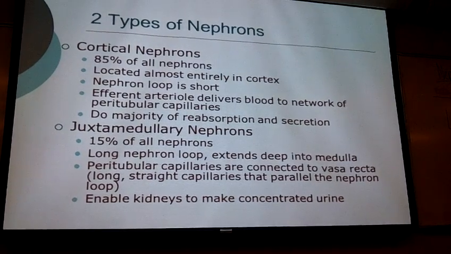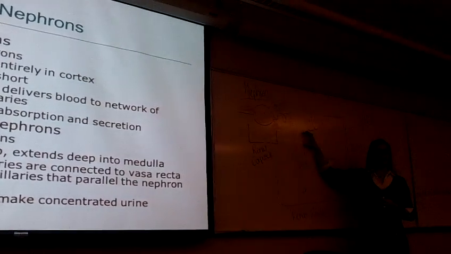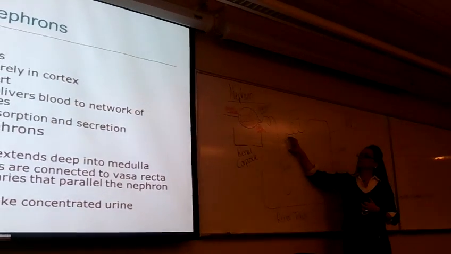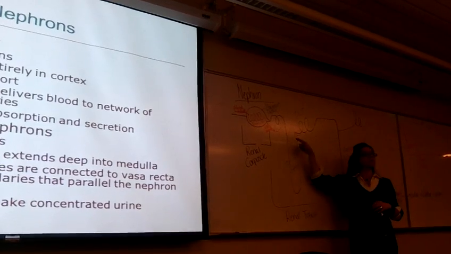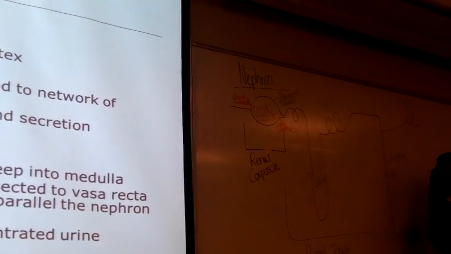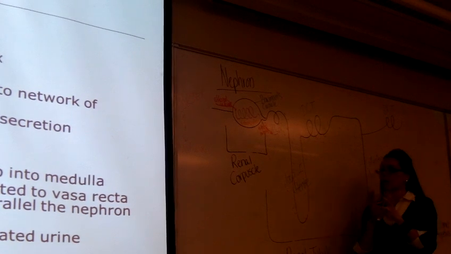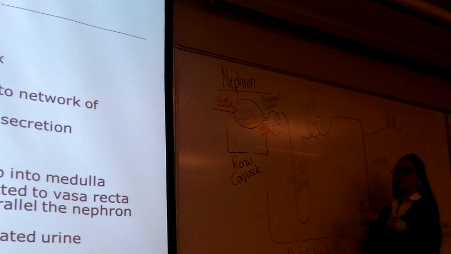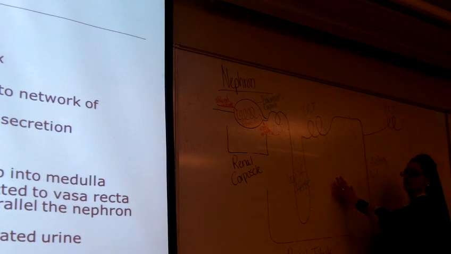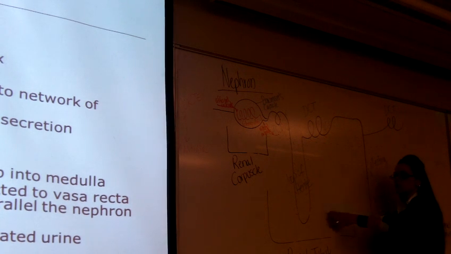If we only had really short loops of Henle, we wouldn't be able to reabsorb as much water because there's less surface area for reabsorption to happen. We're also going to see that a long loop is important for reabsorbing water because, as we go deeper, the osmotic gradient becomes greater.